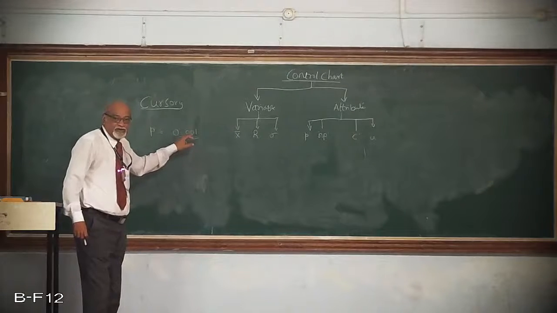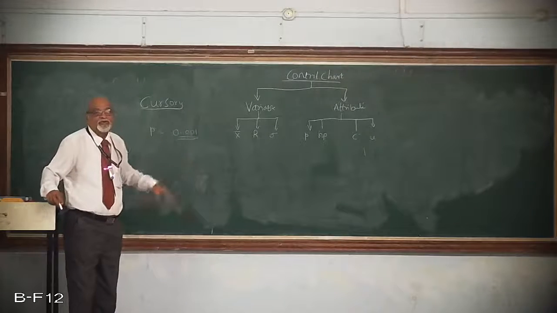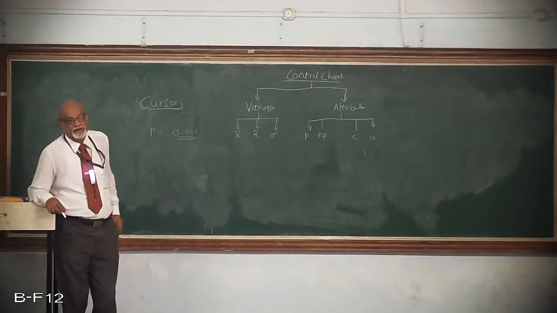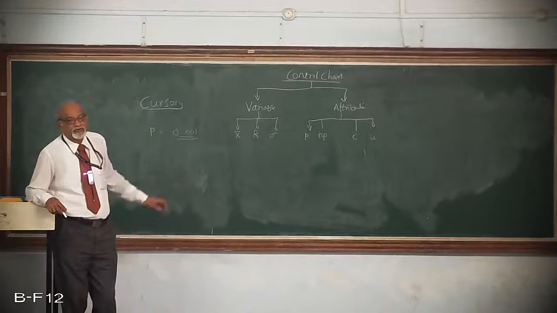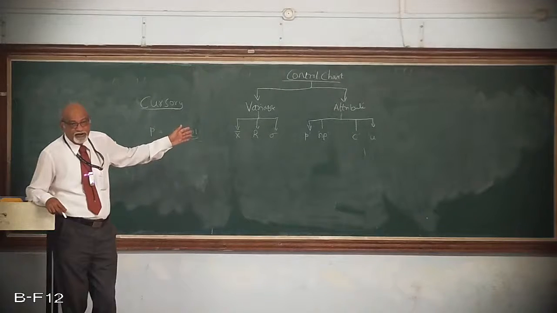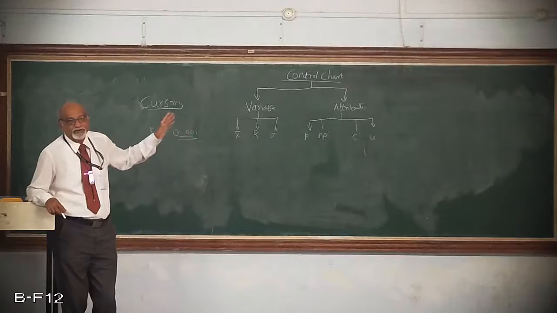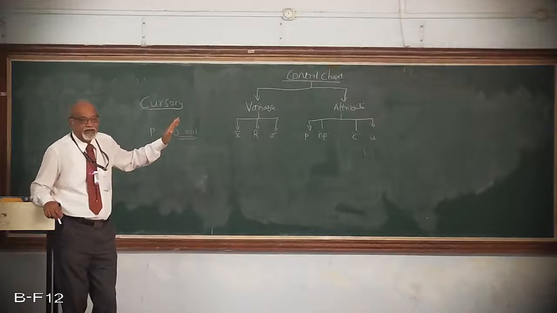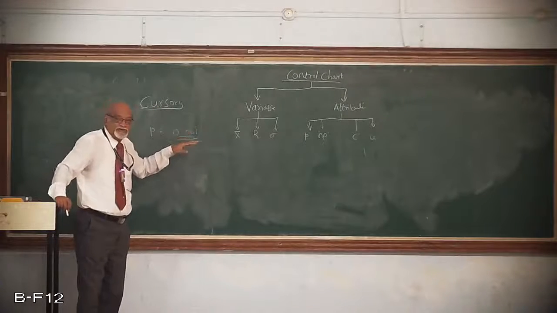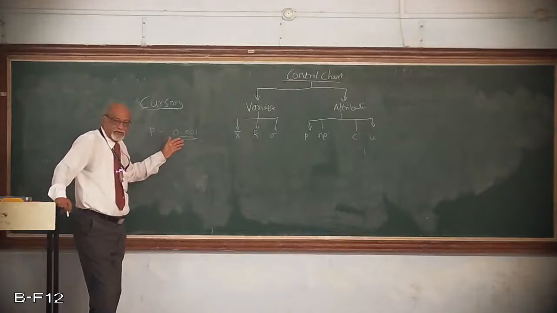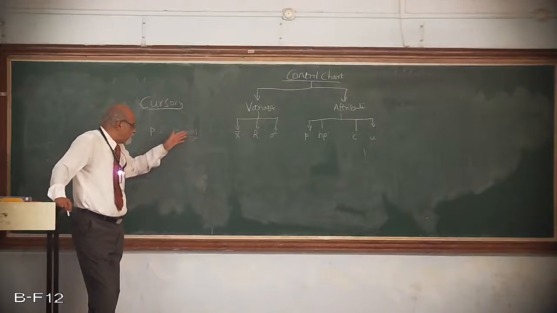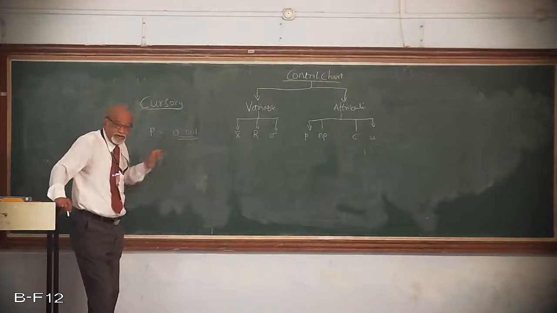Or if I want the percentage defective, I can do that by multiplying by 100. Usually, while calculating or establishing control charts, we go for fraction defective. This means out of 1,000, 1 defective is there.